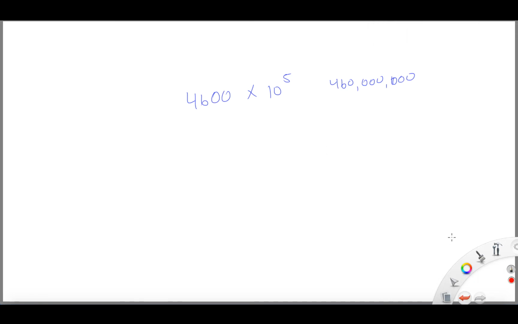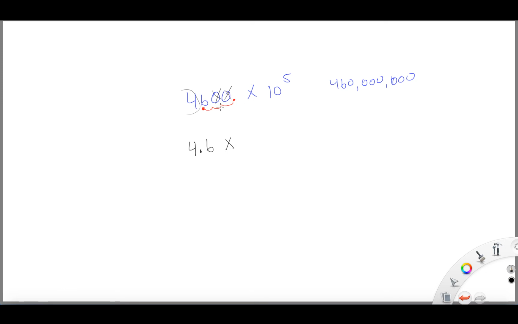Proper scientific notation means that we're going to take this decimal and move it right here, so we only have one solid number showing and then the decimal. So it's now 4.6. And we're going to just cross off those zeros because they're not really necessary.